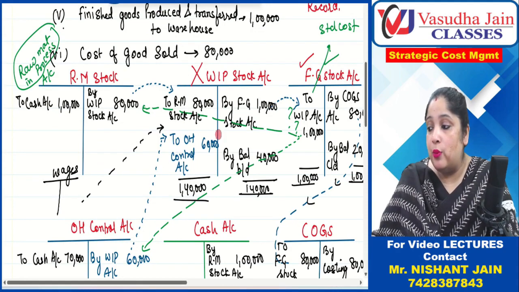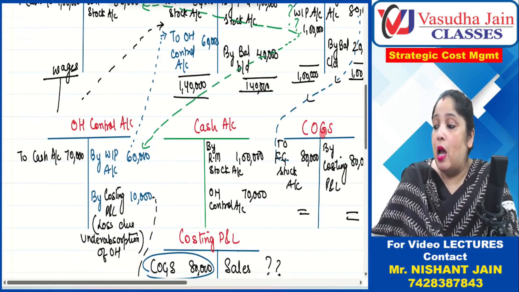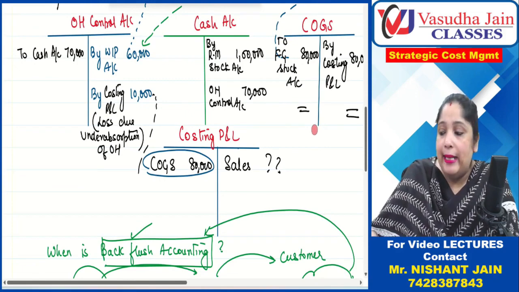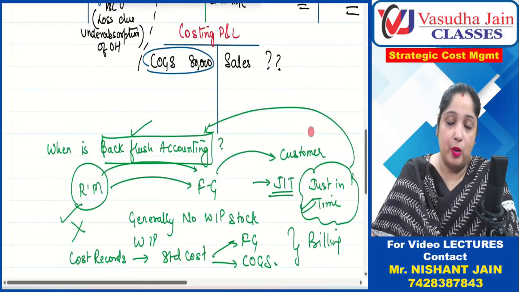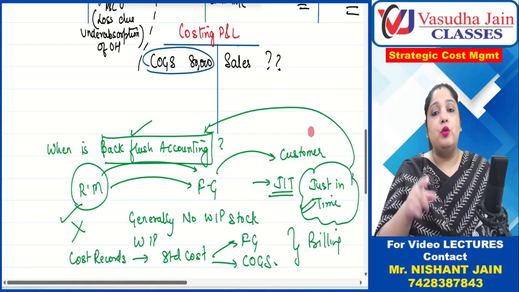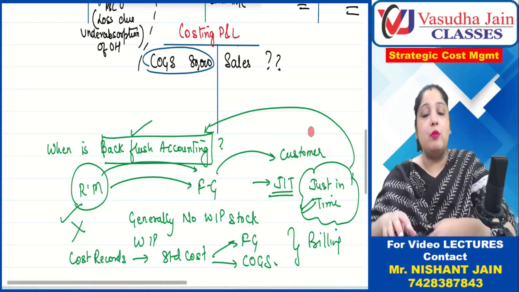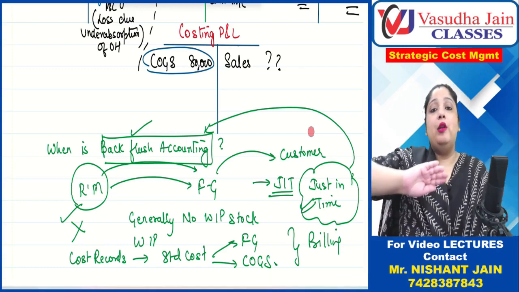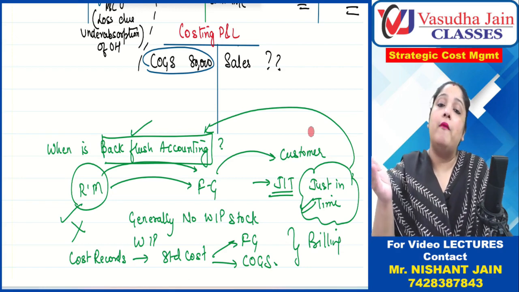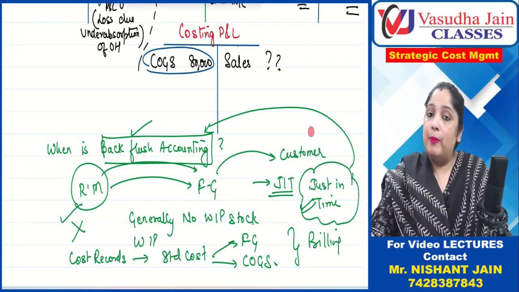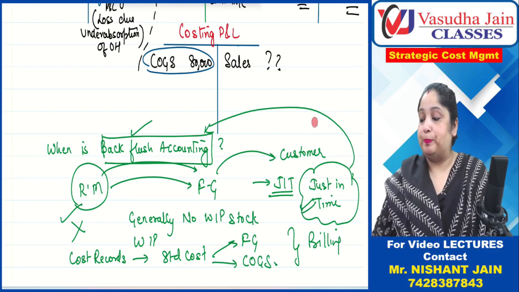So work in progress we will remove, and entries will be passed directly in finished goods. Now, without making it more complicated, we will do a question. You have to solve the question through the traditional system of recording, and then do the same question with the help of backflush accounting.